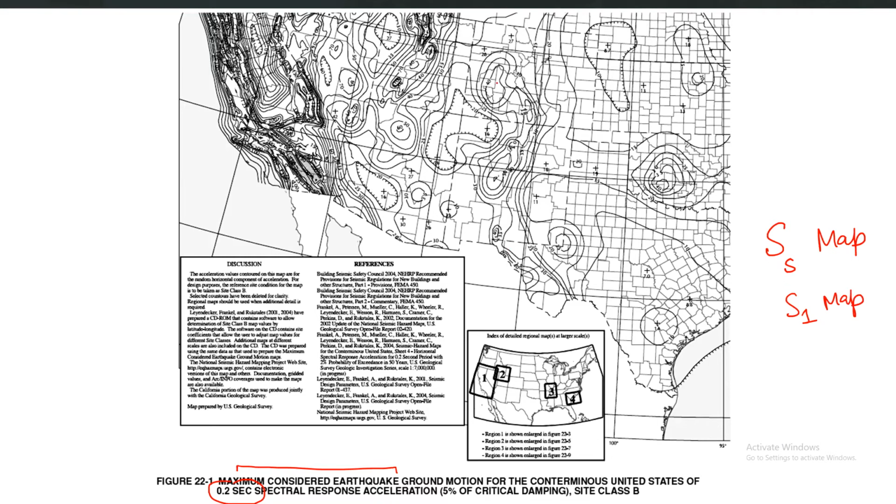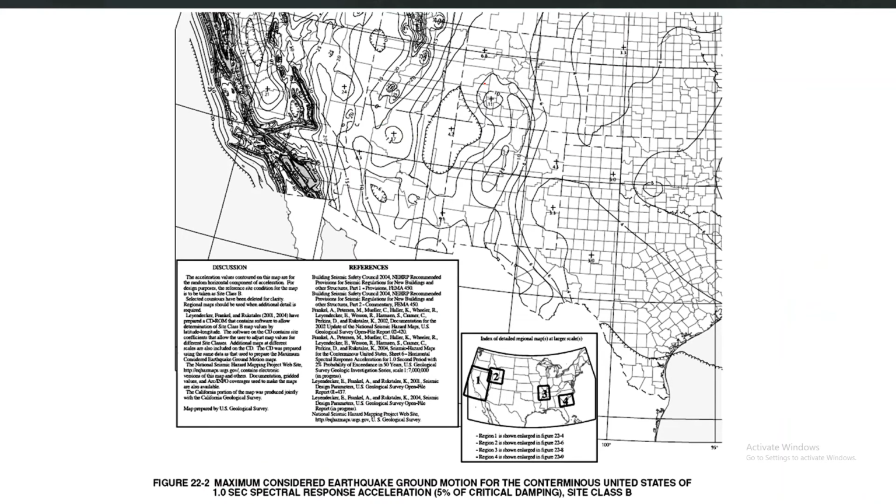You can see here all of these values are still acceleration values, but they are not now the peak ground accelerations, they are the short period spectral accelerations, or spectral acceleration at 0.2 seconds. Similarly, this is the S1 map.